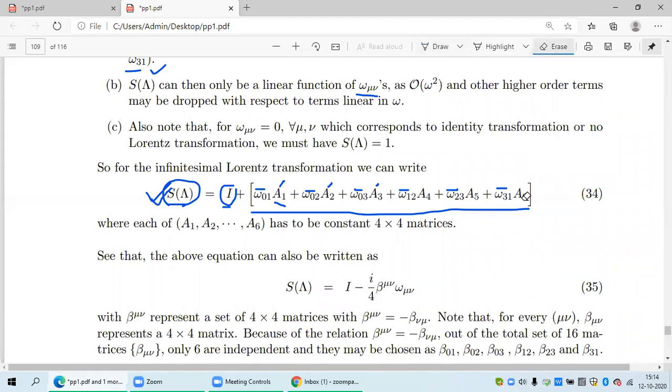Clear? So all these A's, A1 to A6, are 4 cross 4 matrices, and they should be constant. Constant means here they are not dependent on space-time or on the omegas. They are just some numerical numbers, real or complex, but these are constant matrices which show the dependence of S on the omegas.